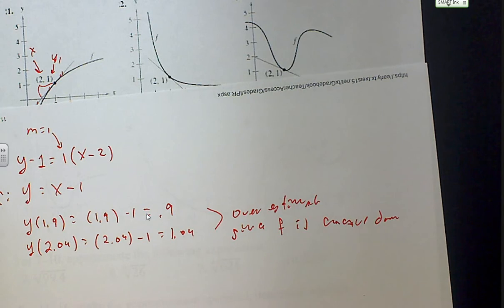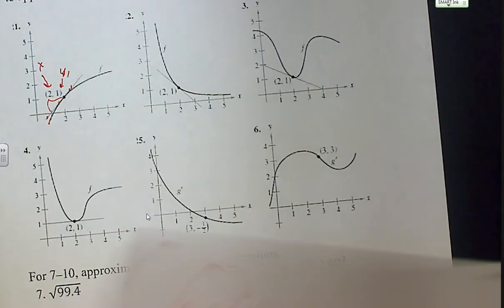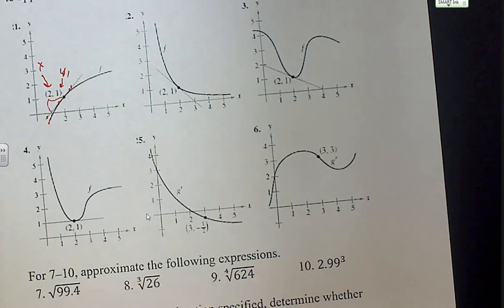All these problems are like this. We're finding the tangent line, approximating the value of the curve, and telling if it's an overestimate or underestimate. Do number 2. Find the equation of that line.